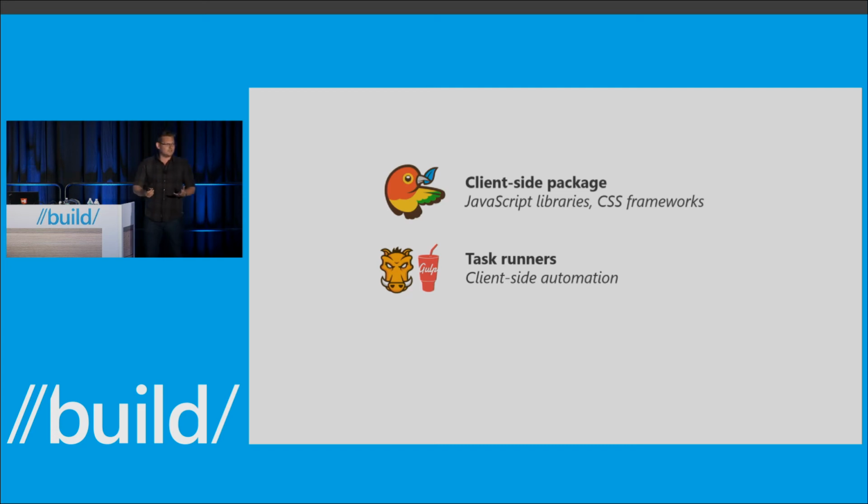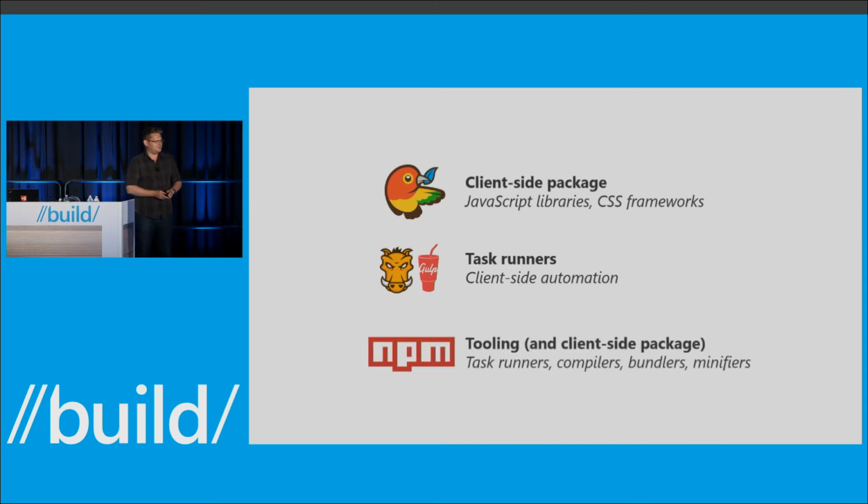But what we can do now is that we can do it statically, and we can use it both at design time in Visual Studio or on our build servers, CI environments, and so on, using Grunt or Gulp. And so we're going to take a look at that and why that is a really, really good idea to do.